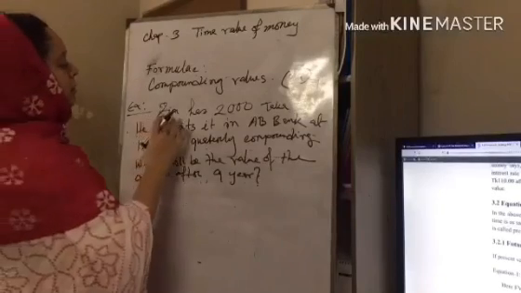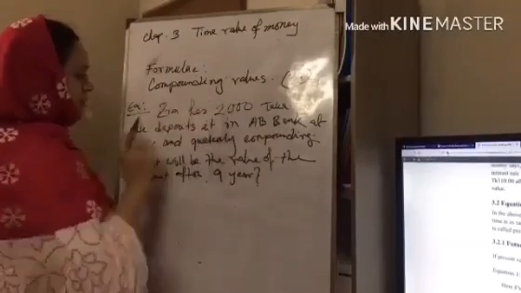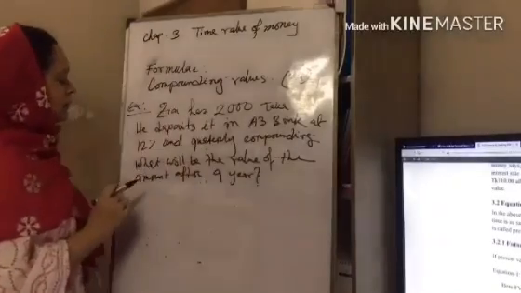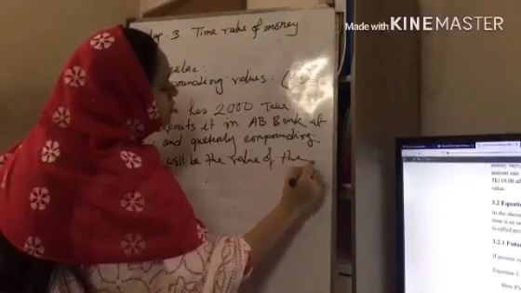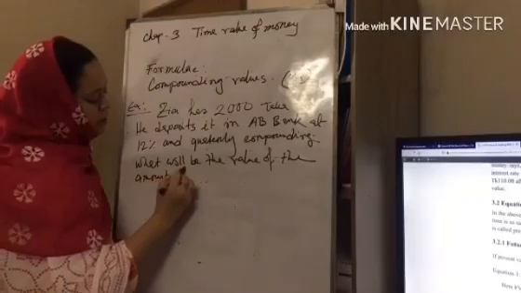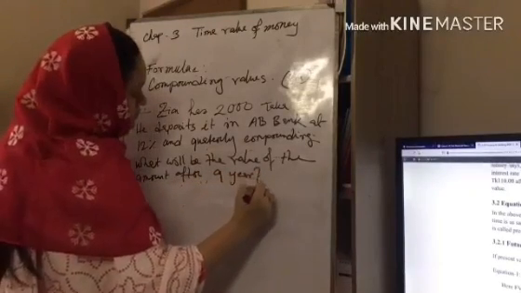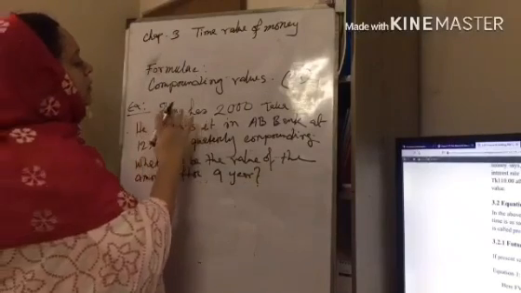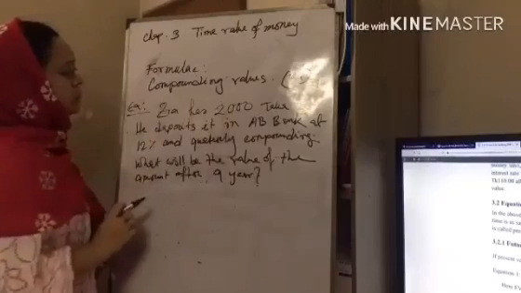So here Jia has 2000 taka. It means it's a present value.